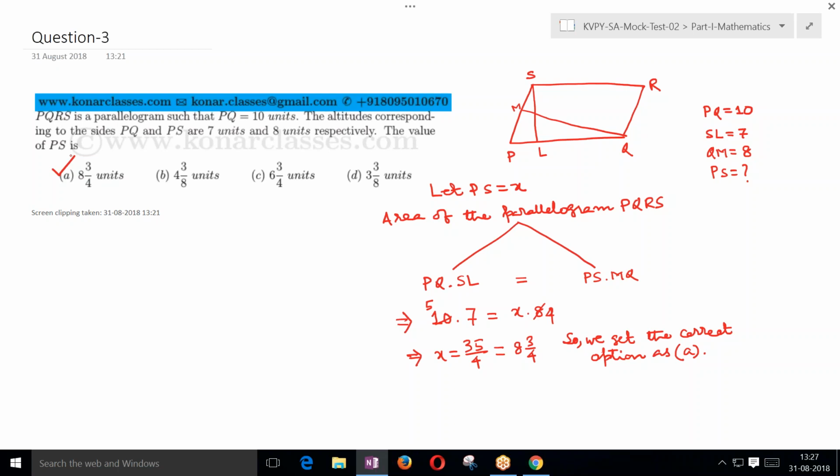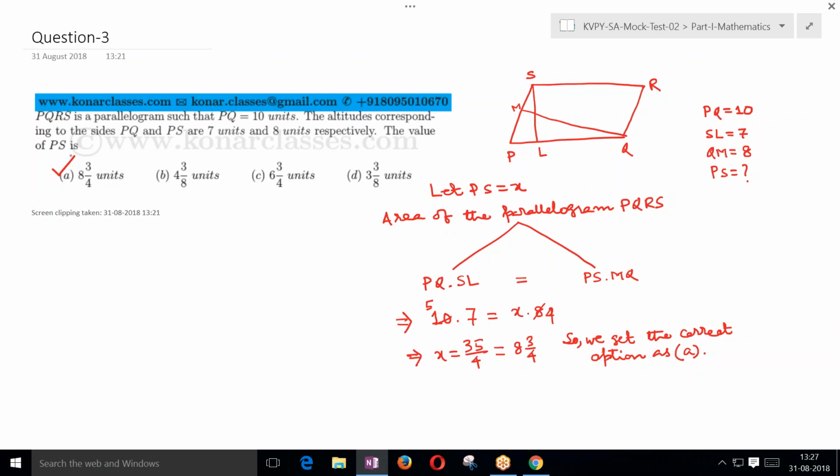Correct doesn't mean that a direct approach gives the solution. It has to be correct and it has to be also optimized. Now you can ask the smart question: sir, how can you think of using the area of the parallelogram? That is where you should think. Because you see that there are two altitudes given.